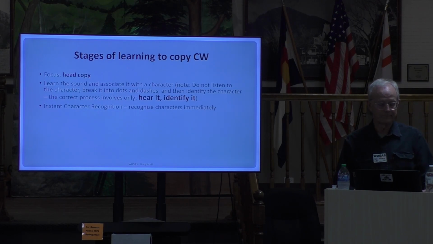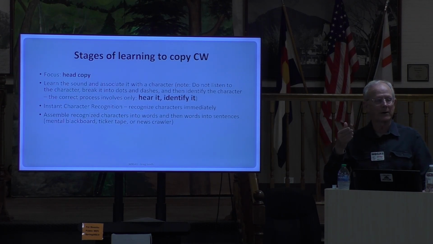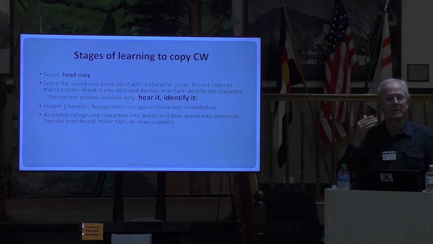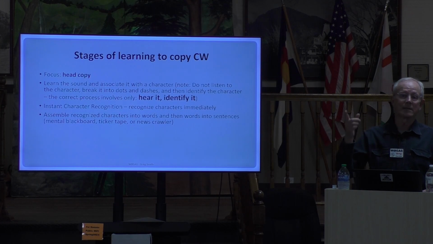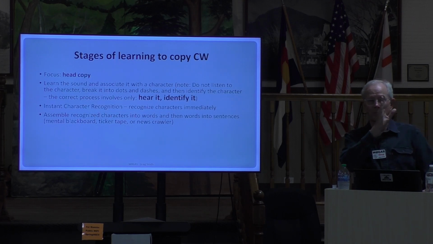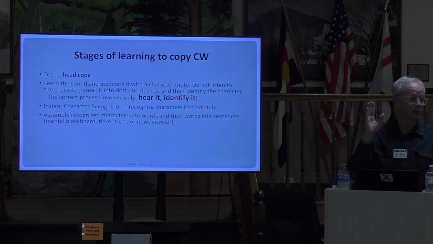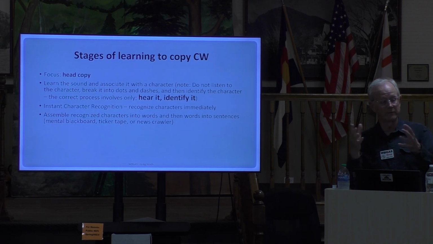The next thing is as you're copying these characters, you need to start assembling them in your mind. You have a little buffer, a little kind of chalkboard in your brain. It's like a little ticker tape. The person sends you their name, Steve, S-T-E-V-E. You copy S, you copy the T, you copy the E, and you form them there, and as they're running across, you're able to figure out what's being sent to you because of that mental image of it going into the buffer and then moving forward.